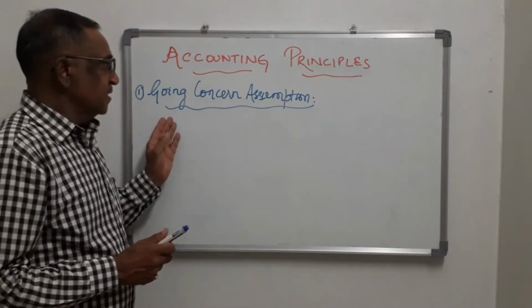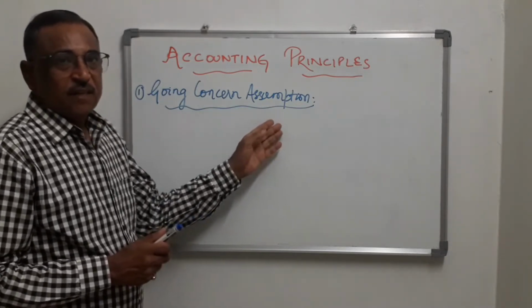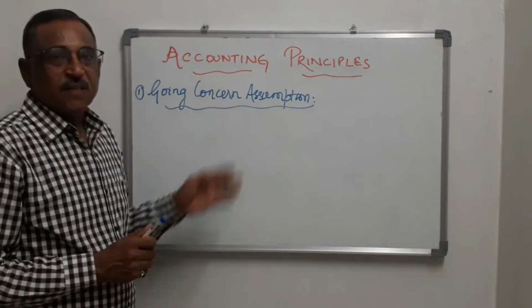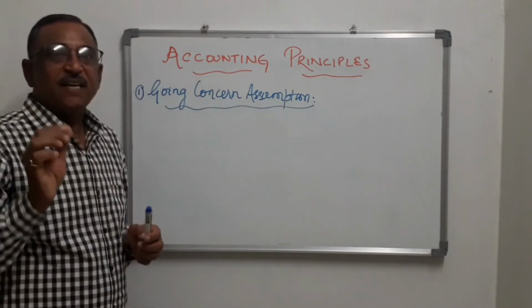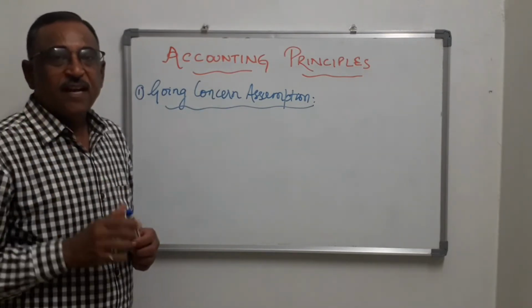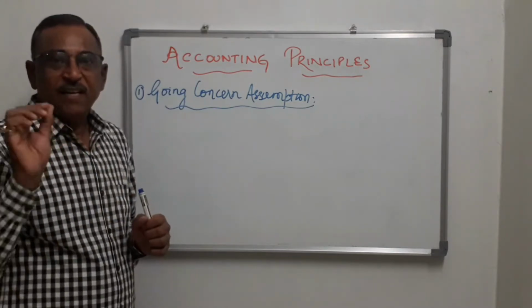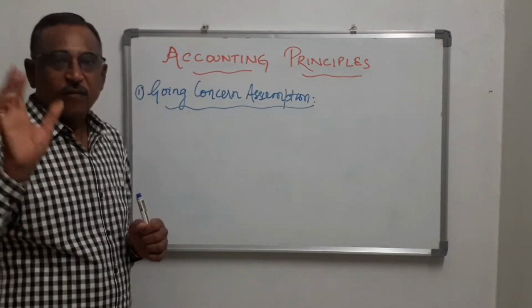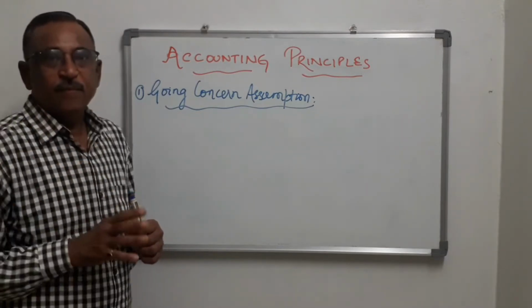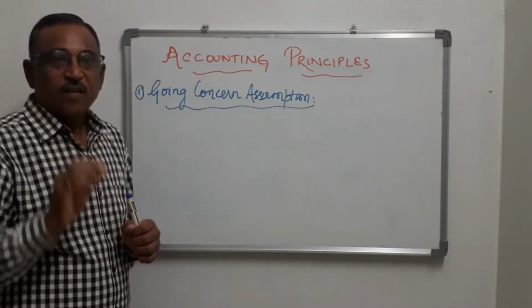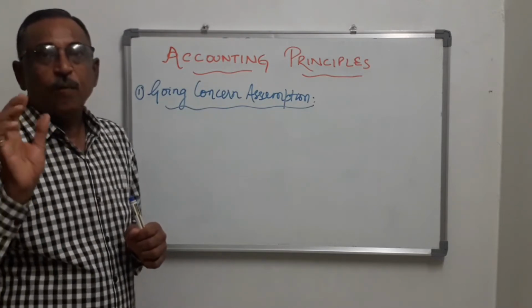So our first is going concern assumption. According to this assumption, it is assumed that our business entity will go on forever, and it is a going concern. That means we do not have any intention to close it down in the near future or any other time, or we also do not want to scale down our operations.